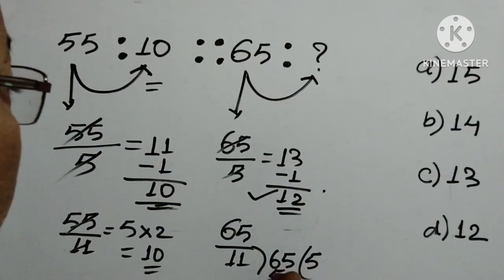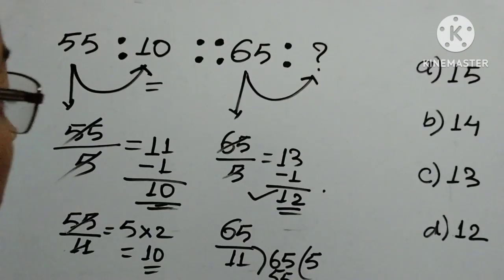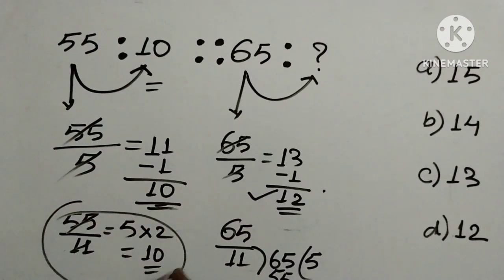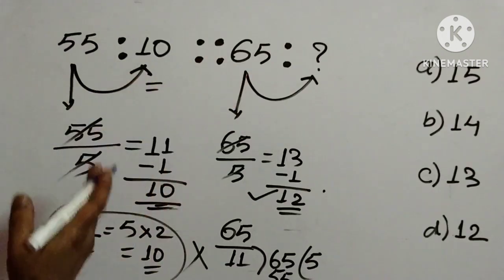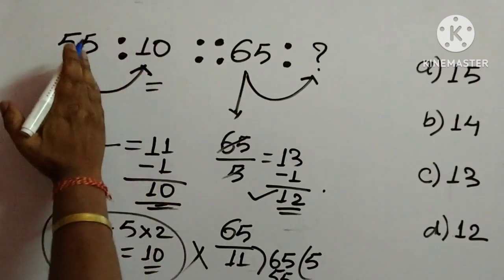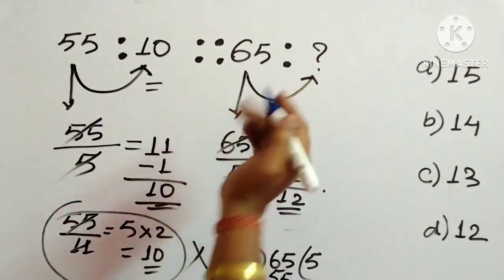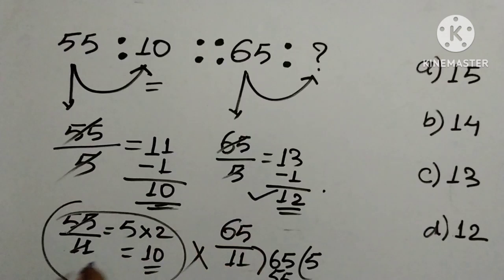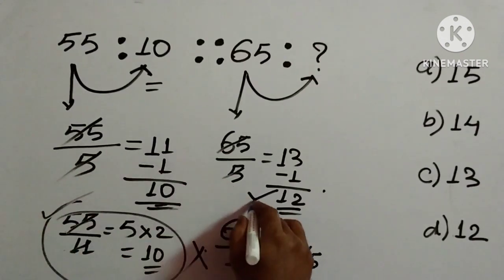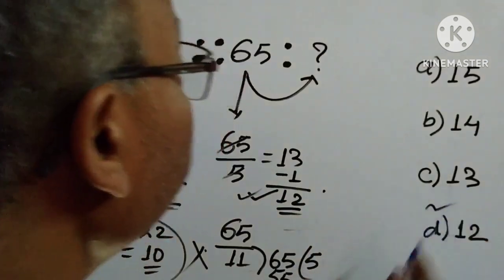So we cannot adopt this process, as in this type of question, whatever process you adopt in this portion and get the result, you have to adopt the same process on this side also. So here it is okay when we divide by 11, but here it leaves a remainder. So we cannot adopt that process; we have to adopt the other process. So this is the correct answer, option D.